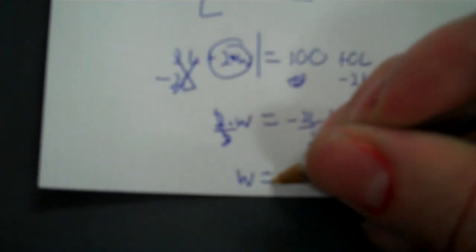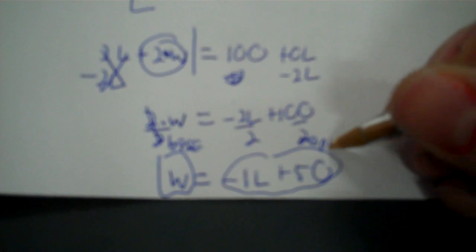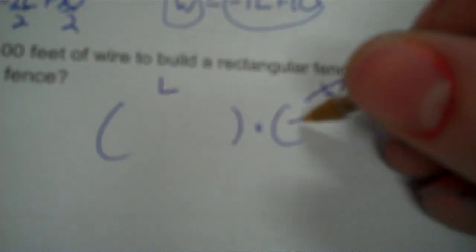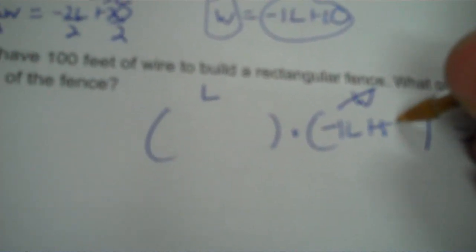So W equals negative 1L plus 50. And now this is the base, W, and this is the replace. So you go to your W, the base, cross it out, and replace it with negative 1L plus 50.